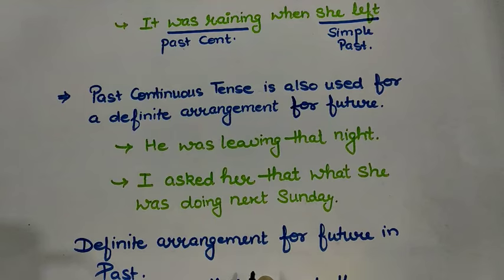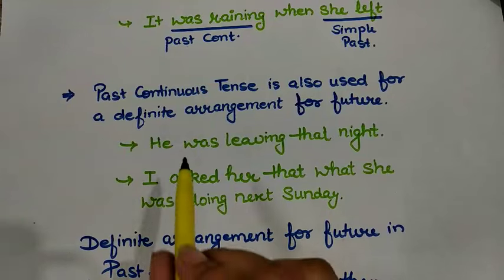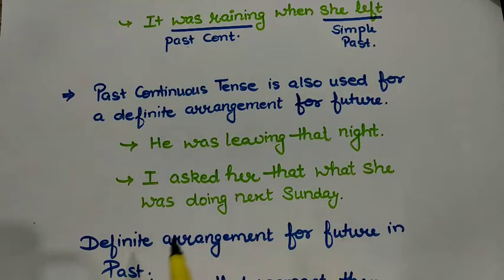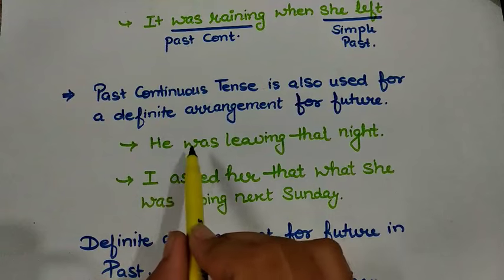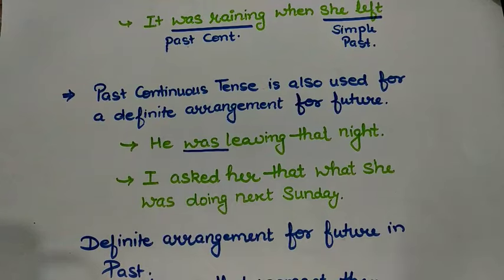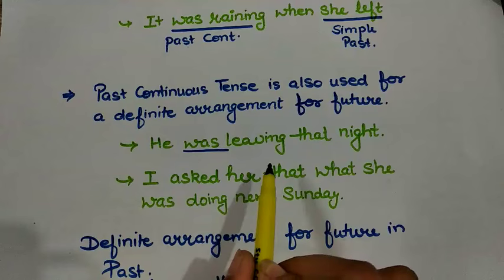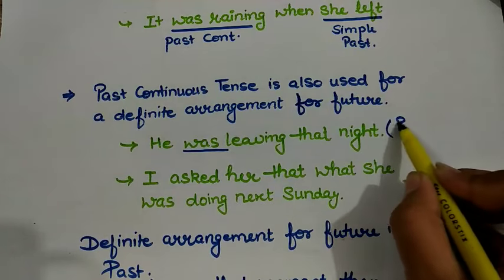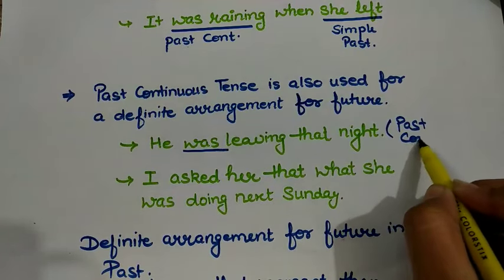Here, we can see that it is a plan for the future, but we have used it in the past because the sense of the sentence is that he was leaving that night means he was to leave. He's supposed to go that night. It is a planned arrangement. So, we have used past continuous tense here.